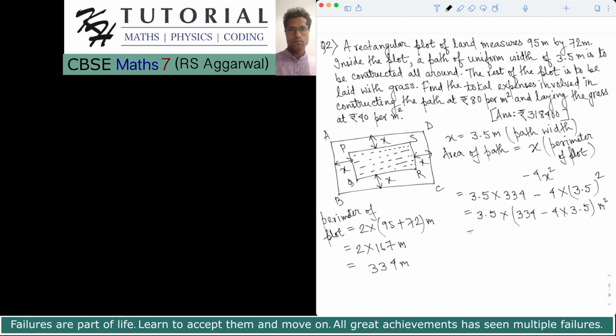This is equal to 3.5 multiplied by 334 minus 3.5 into 4, which is 14, this much meter square. This is equal to 3.5 multiplied by 320 meter square.